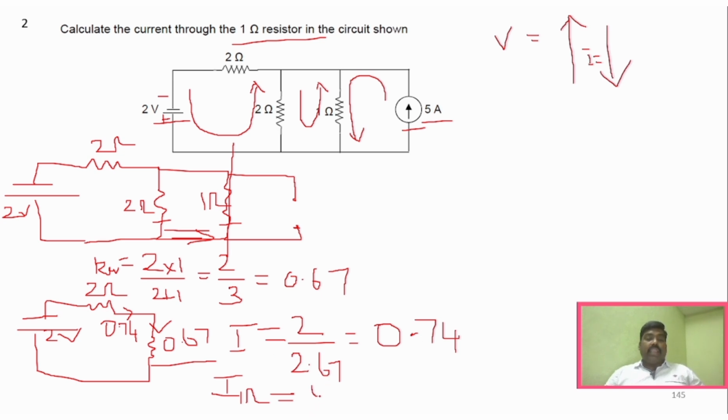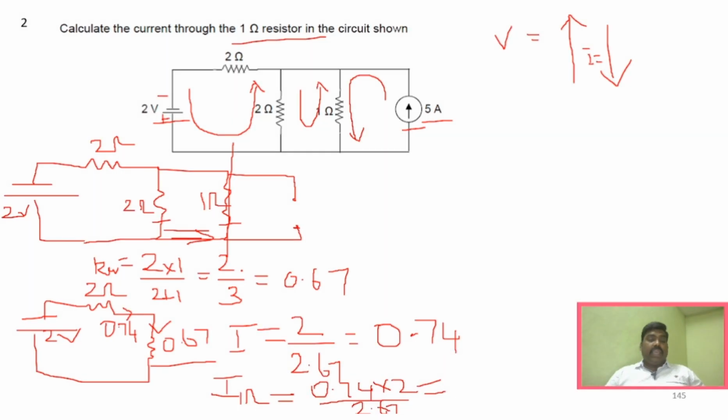That is total current 0.74 into 2, divided by the total resistance, which is 2.67. Correct?